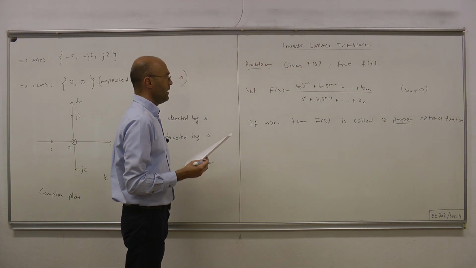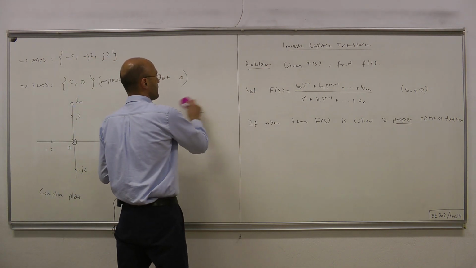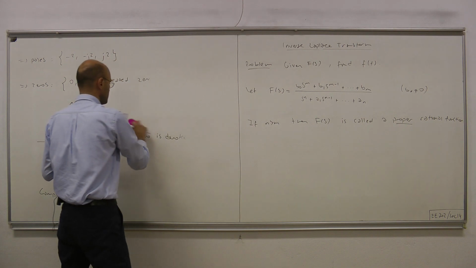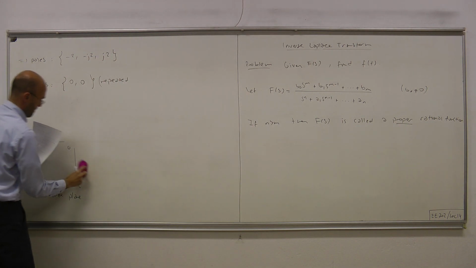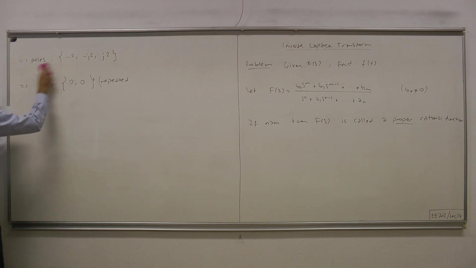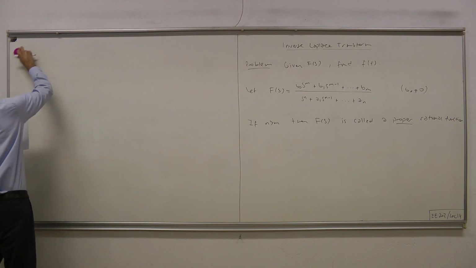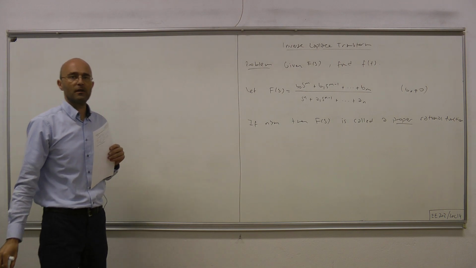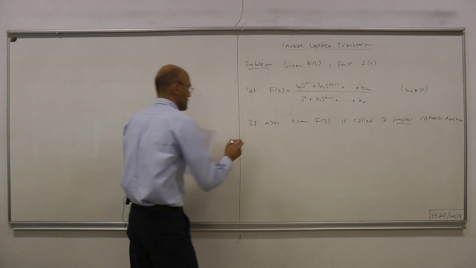Now, let's begin with the simplest case, where we have poles that are not repeated. And then we're going to move on to the general case of repeated poles. Okay, special case.